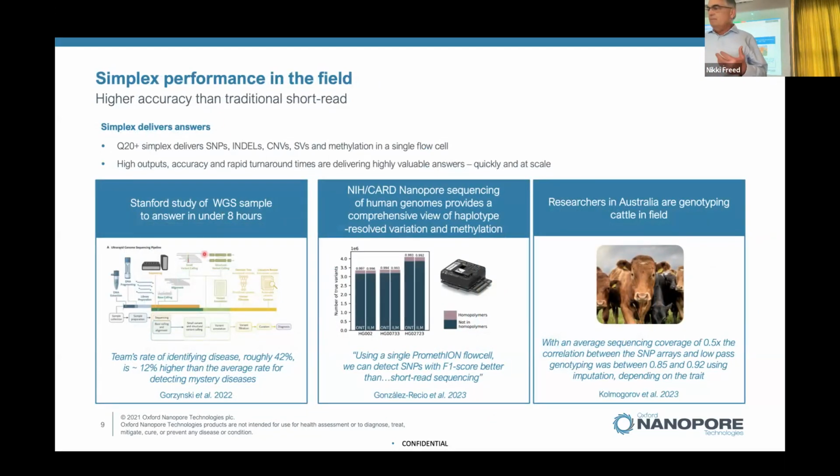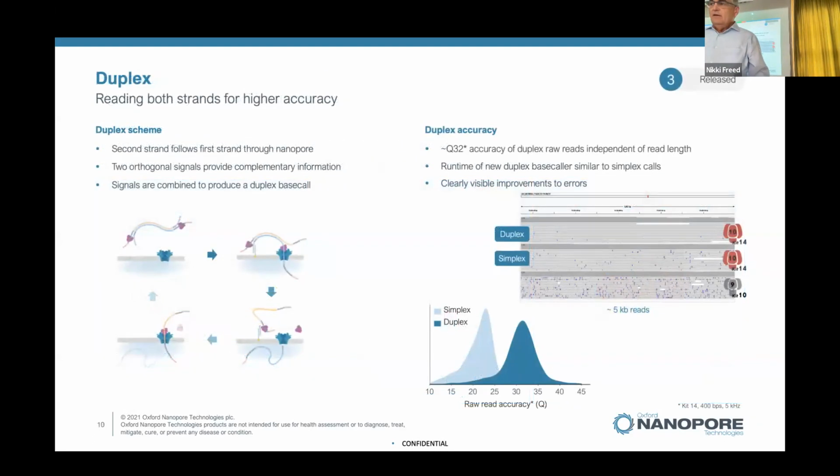Whether you're looking at clinical samples for whole genome analysis, or you're looking at cows in a paddock a long way from anything, to help with stock selection, and there's even a nice publication on methylation profiles for age of animals, so you can determine quite interesting characteristics.